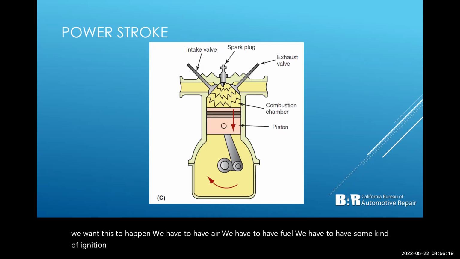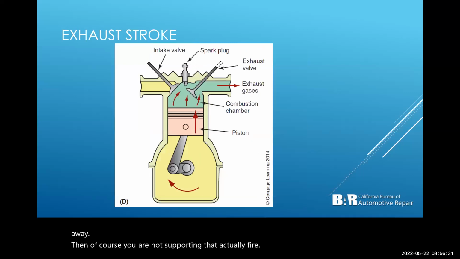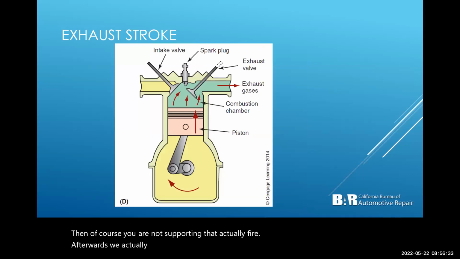So you remember the old triangle of how things burn. You take one away, and then of course you are not supporting that fire. Afterwards, we actually take and open up the exhaust valve, and then we allow the piston to go up and take all the exhaust gases out.